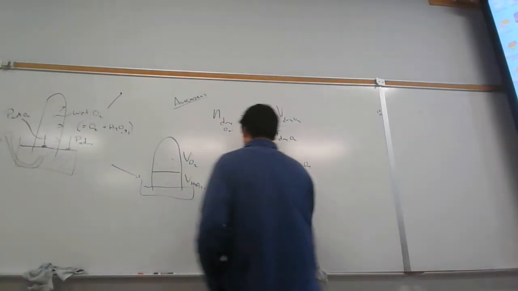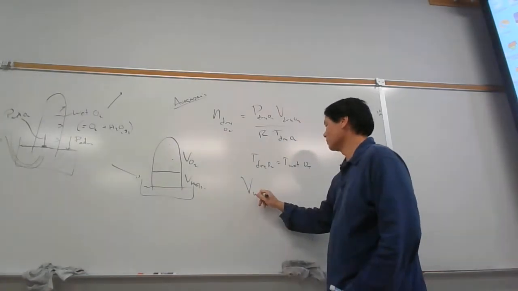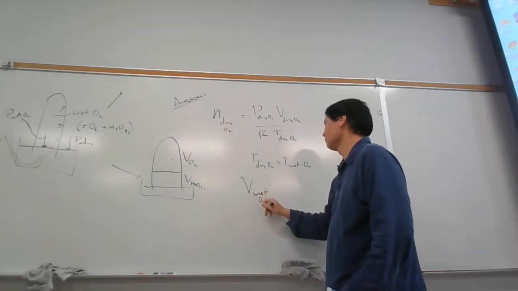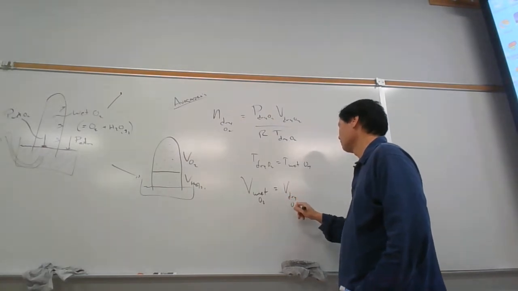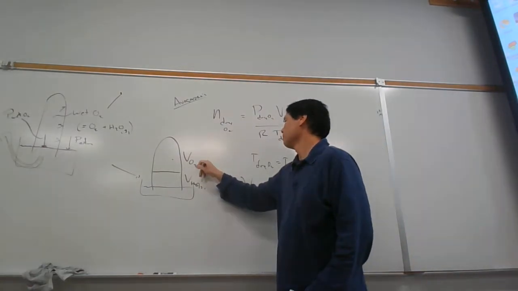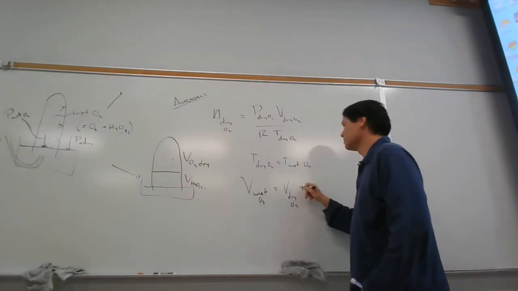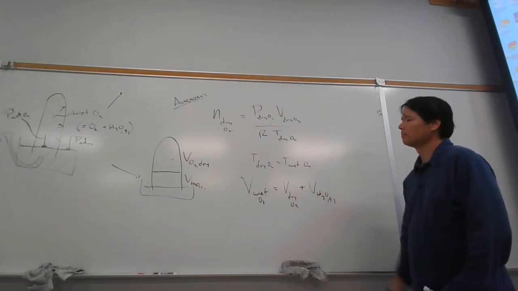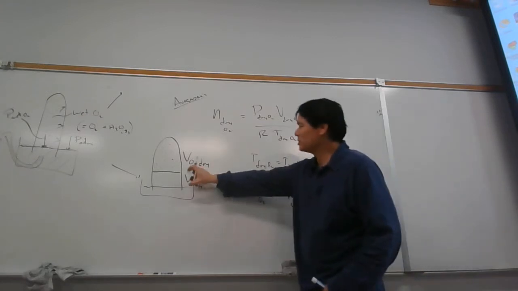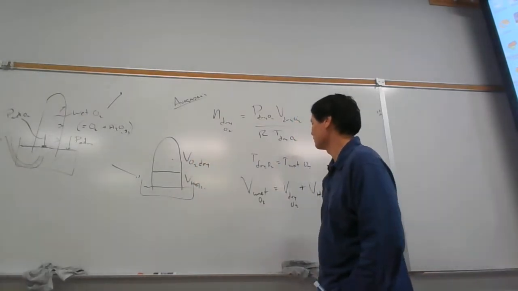And so what we're going to get is the volume of wet O2, that is the total volume, is equal to the volume of dry O2 plus the volume of the H2O vapor. And these volumes are going to be adjusted so that the pressure doesn't change.